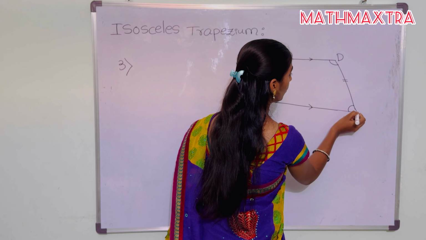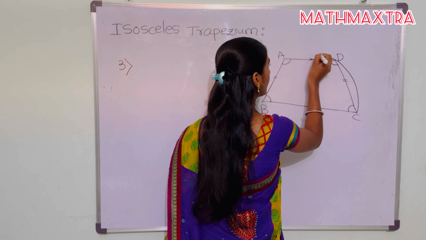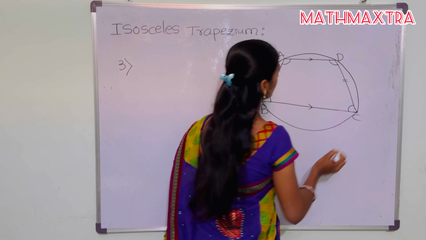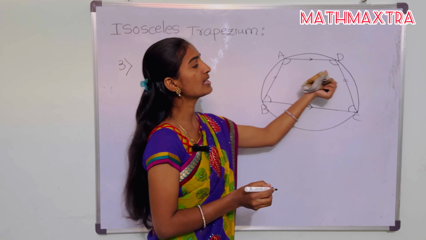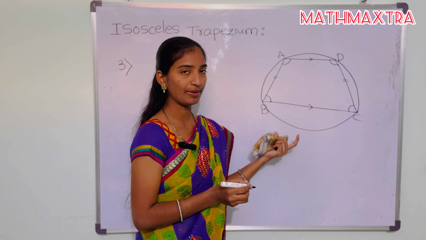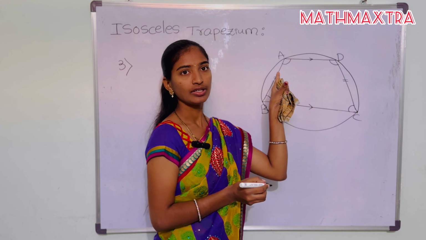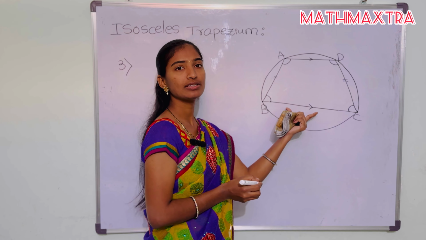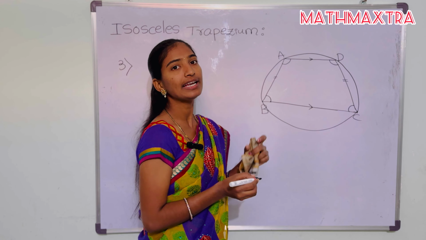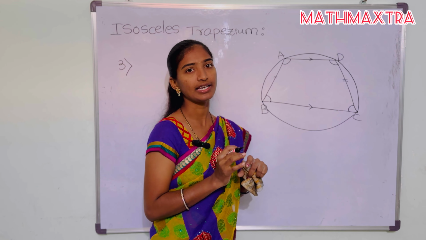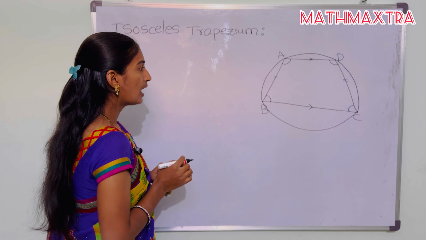See, if you draw a circle, all the vertices of an isosceles trapezium lie on the same circle. That is why we call this quadrilateral a cyclic quadrilateral. So an isosceles trapezium is always a cyclic quadrilateral.